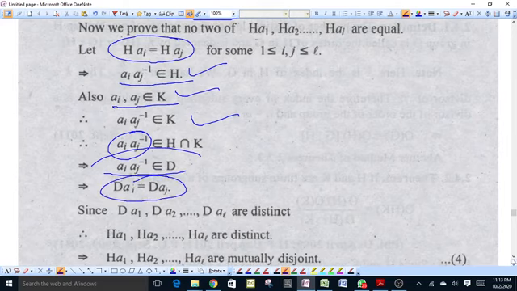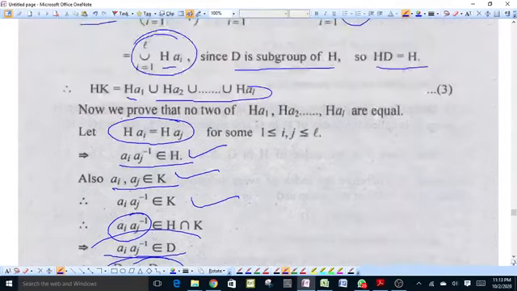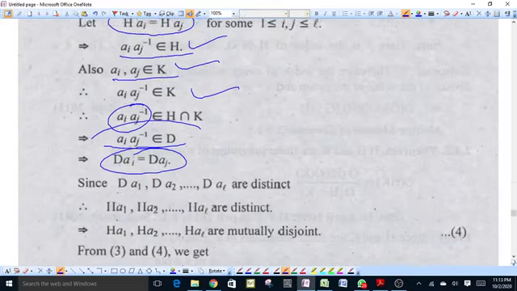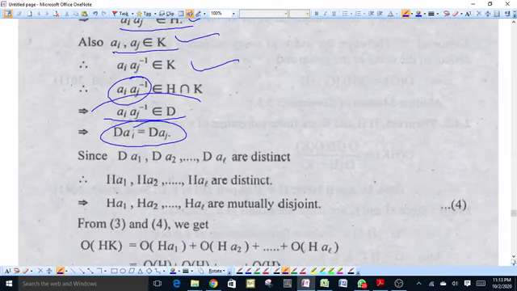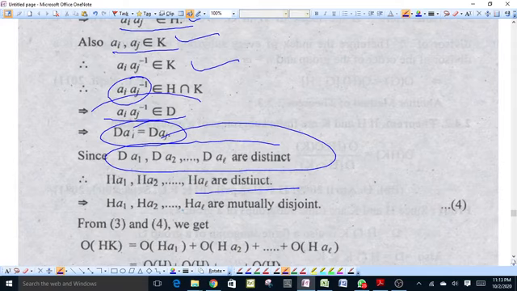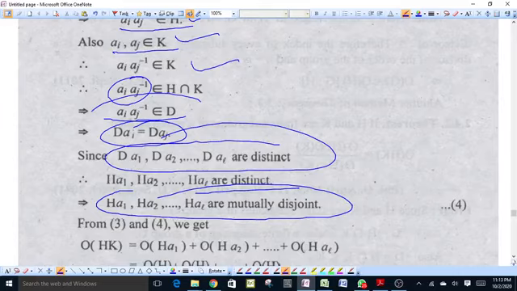But we have already taken that all Da1, Da2, ... Dal are distinct. Therefore, Ha1, Ha2, ... Hal are distinct. That is, these right cosets of H are mutually disjoint.